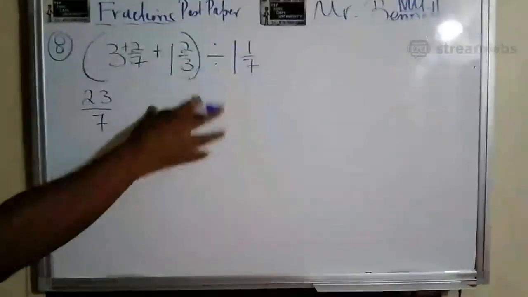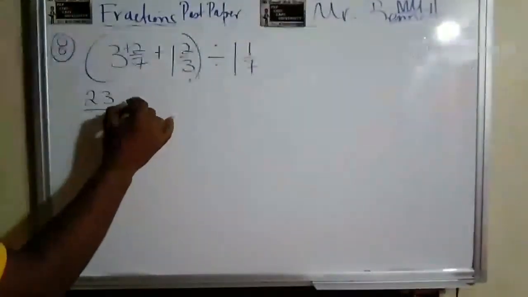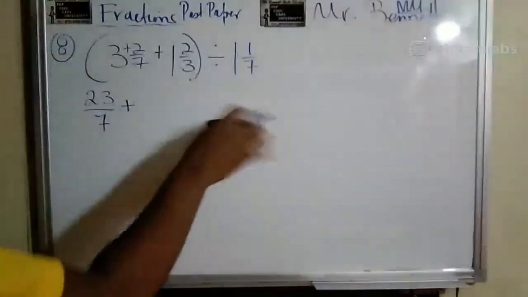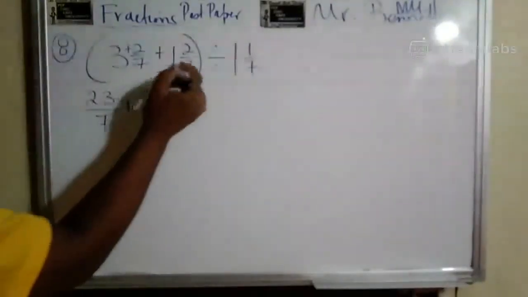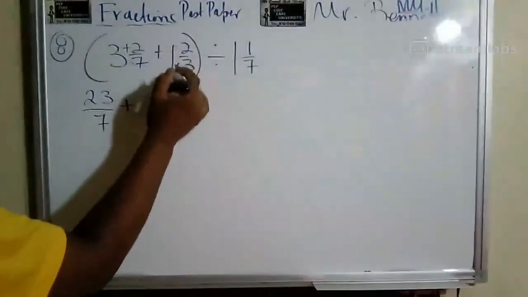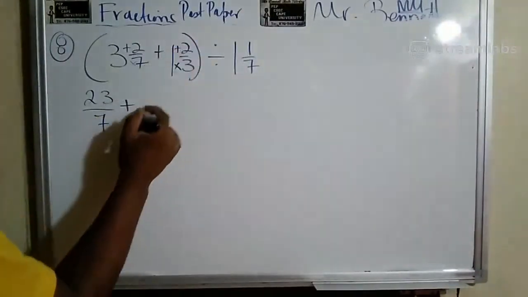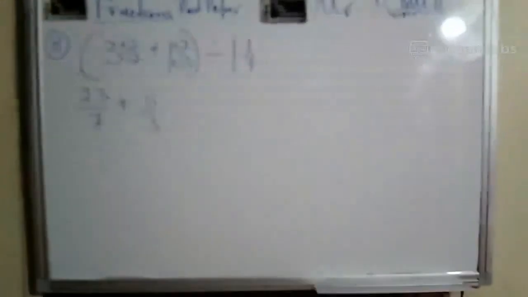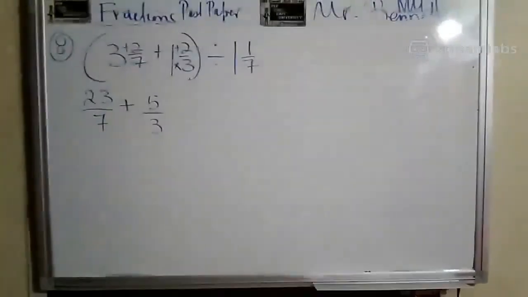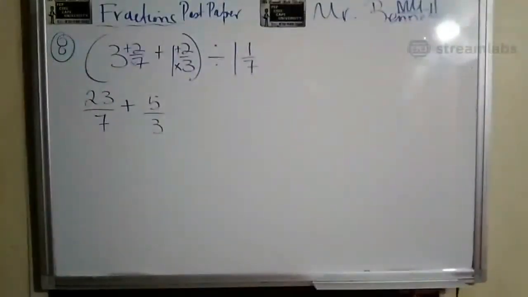Right, remember we must write the bracket first, BODMAS rule, and it goes for everything. Once there's a bracket involved, we must do the power and the bracket. So 1 times 3 is 3 plus 2, that's 5 over 3. And then when we are adding and subtracting, we must bring them to a common denominator.